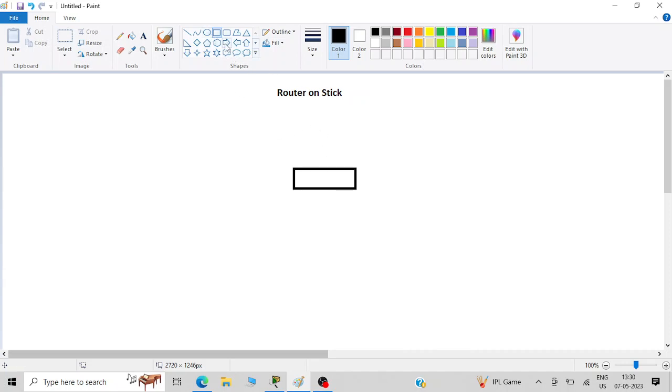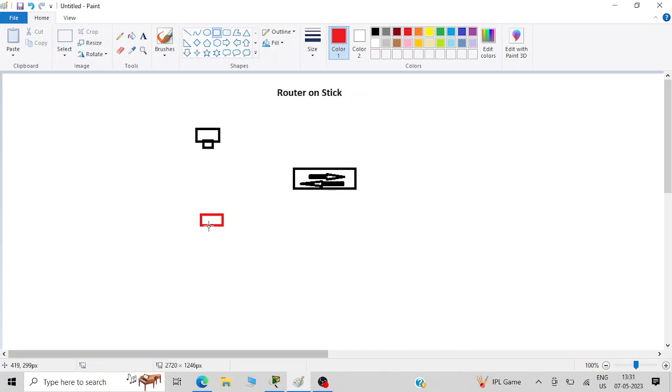Let's say we have a switch, and we have one host in VLAN 10 and one host in VLAN 20.